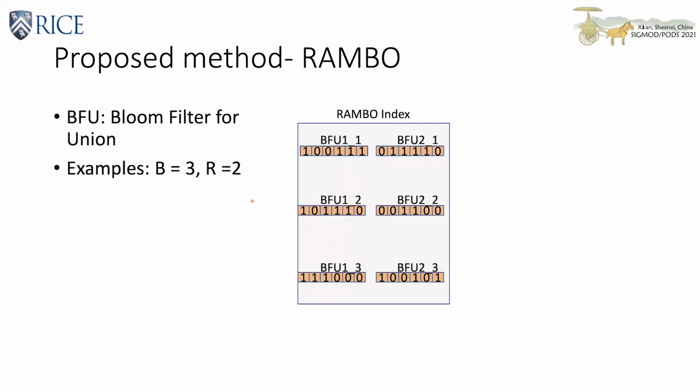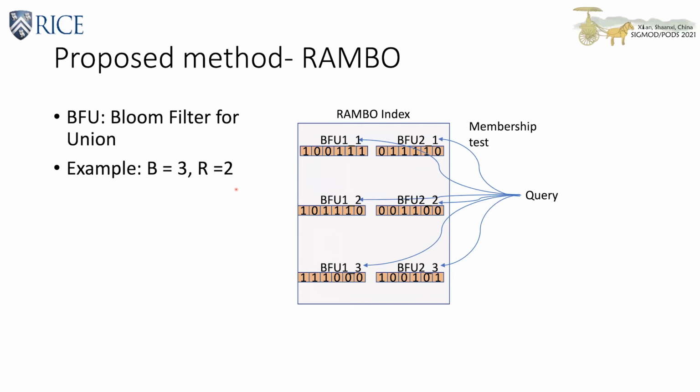Let's call them Bloom filter for union. In this case, B equals 3 and R equals 2. So we just query B times R Bloom filters for a reduction of search space to k over B to the power R files. Now it is really interesting that with a linear increase in the number of Bloom filter checks, we are going exponentially down in the search space.